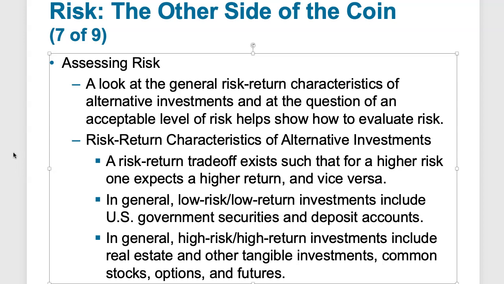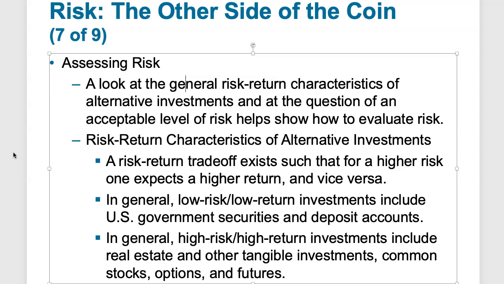So we have to look at the general risk return characteristics of alternative investments, and whether they are an acceptable amount of risk for the particular situation of that investment. So the level of risk is going to help us evaluate the return characteristics. Is it worth it? So if we have what we call an alternative investment, we're going to want to look at that trade-off between risk and return.